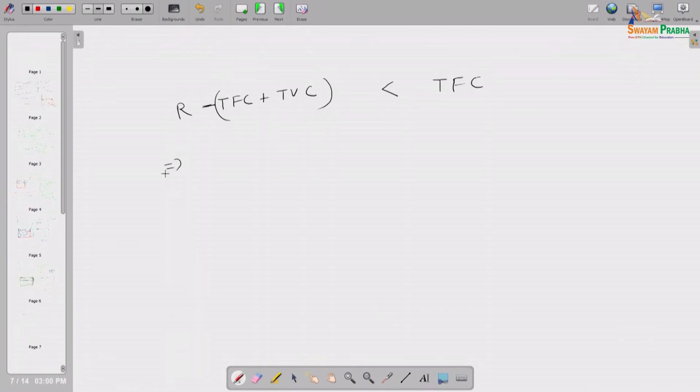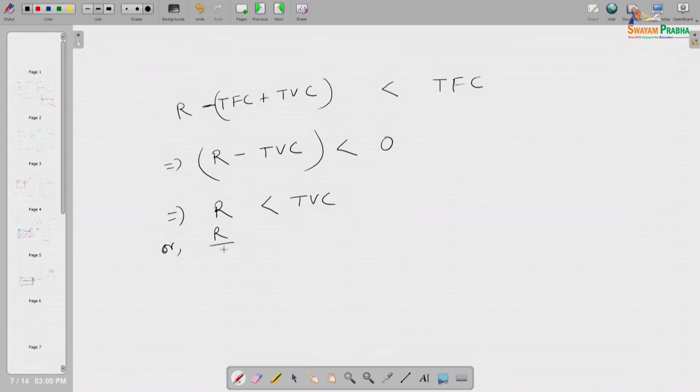That means revenue minus total variable cost is less than 0, or revenue should be less than total variable cost, or if I divide both sides by quantity, revenue by Q should be less than total variable cost by Q. Revenue by Q is basically price.